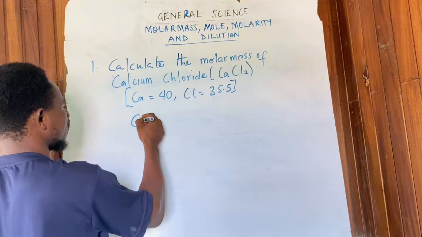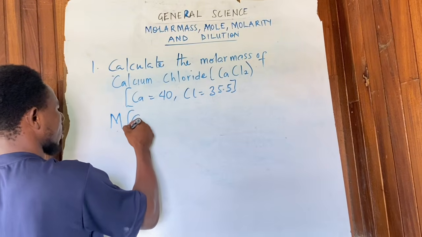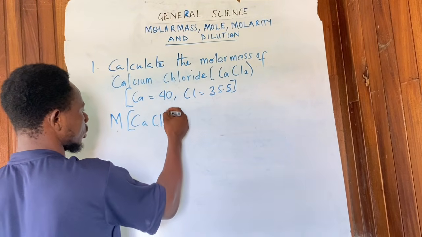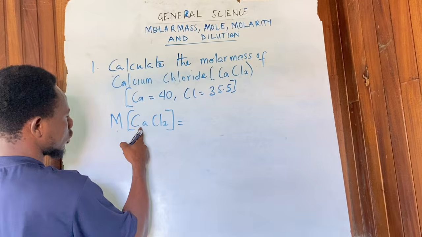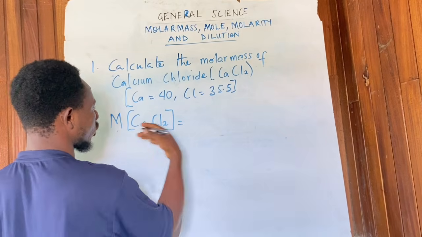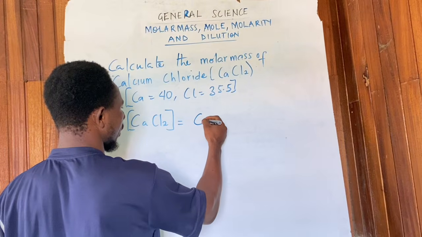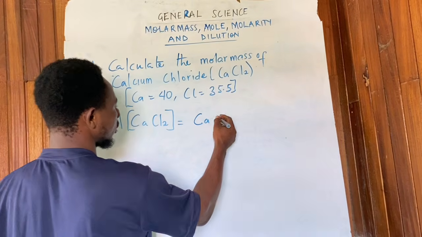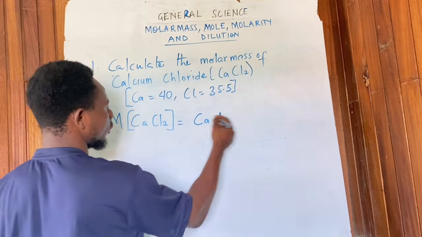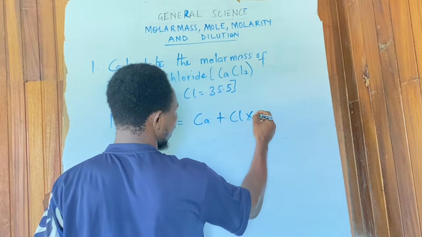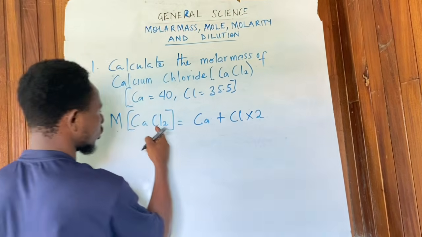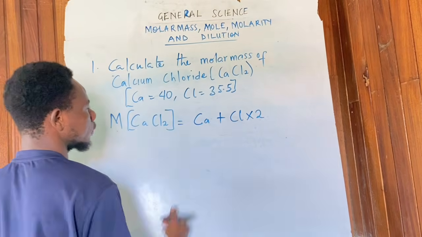So the molar mass of CaCl2. We have calcium and chlorine, 2 elements combined, so this is a binary compound. Calcium here is 1, and chlorine here is multiplied by 2.